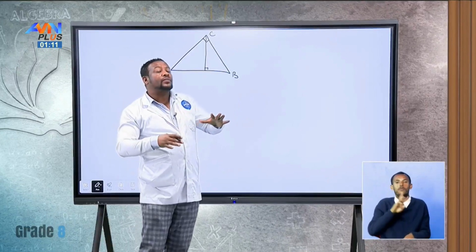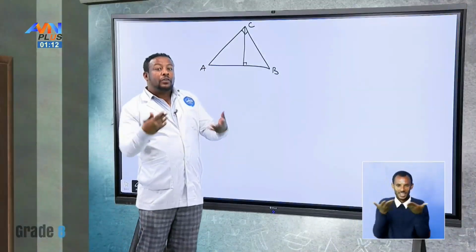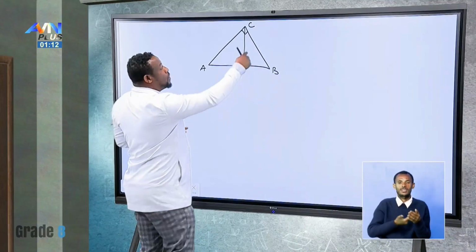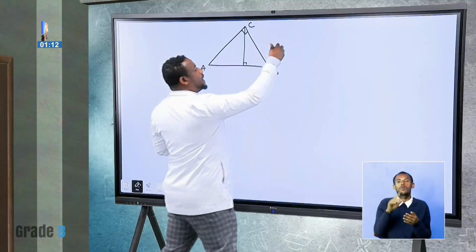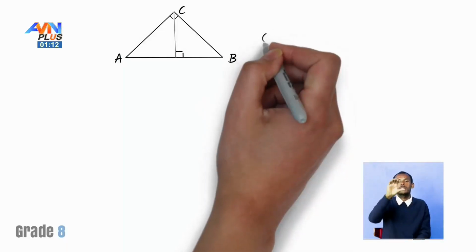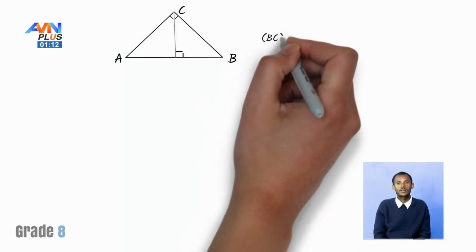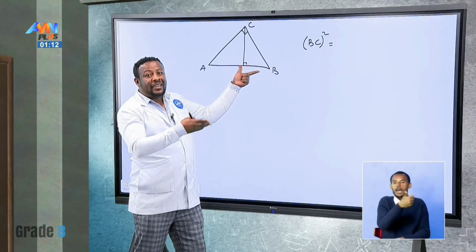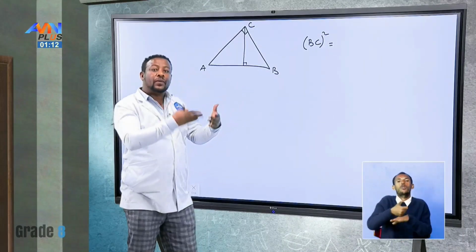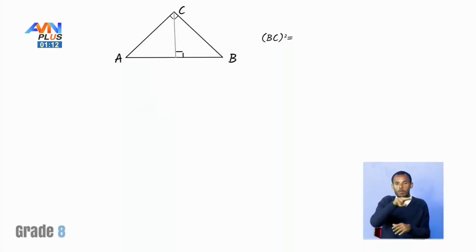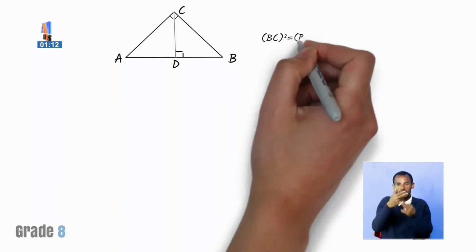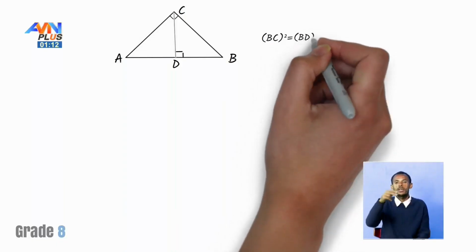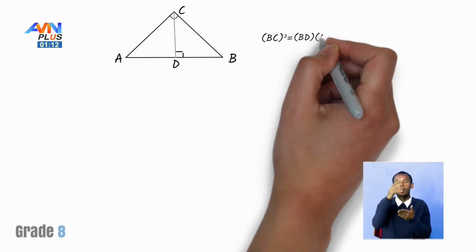If we have these kinds of things, Euclid tells us the square of one of the legs, BC square, is equal to the product of the adjacent side into which the altitude divides the hypotenuse. That means, call this D, okay? BD times the hypotenuse AB.